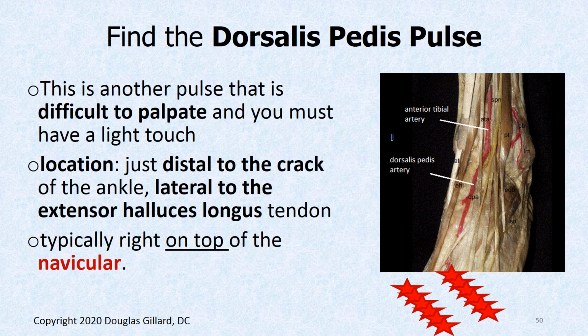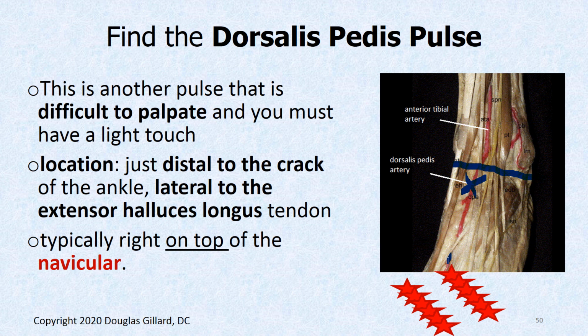The troublesome one is the dorsalis pedis pulse. The dorsalis pedis pulse is actually at the crack of the ankle, just a little below the crack of the ankle, lateral to the extensor hallucis longus tendon. Specifically, it's on top of the navicular bone. There's some research on this, and that's where you find it.